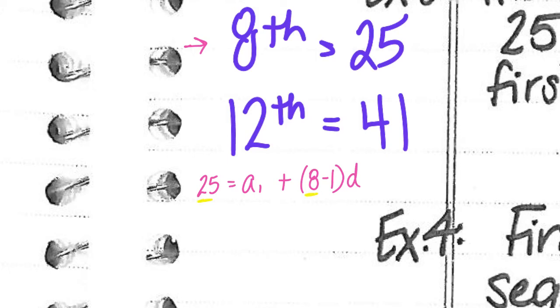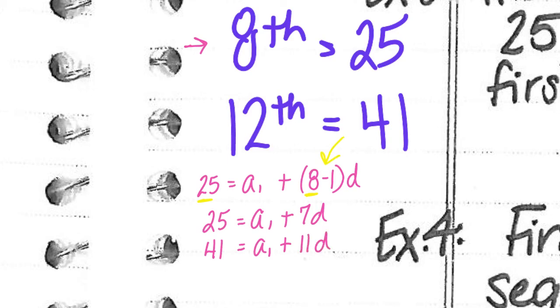And if I was to solve this, I would get 25 is equal to a sub 1 plus 7d. Well, I'm going to do the exact same thing for the other term. Remember, 41 is equal to, we don't know the first term, but if I take the 12th term, well, 12 minus 1 is going to give me 11d. And now I can go ahead and solve this as a system of equations.